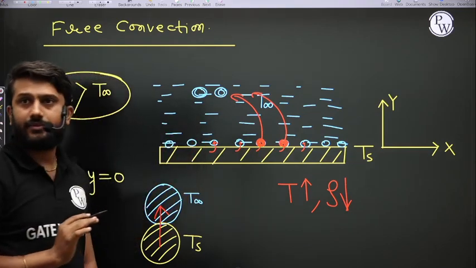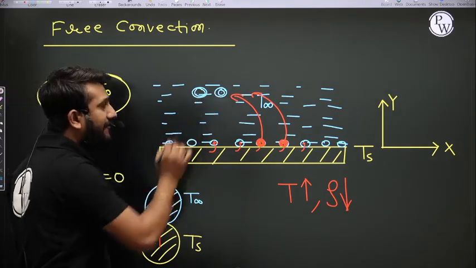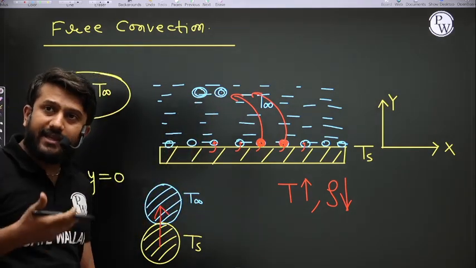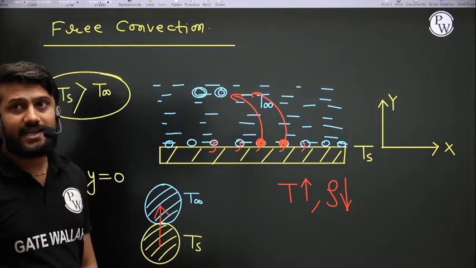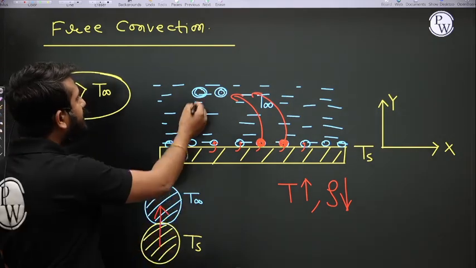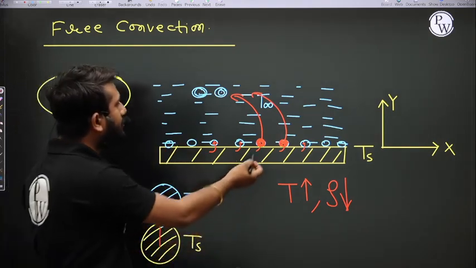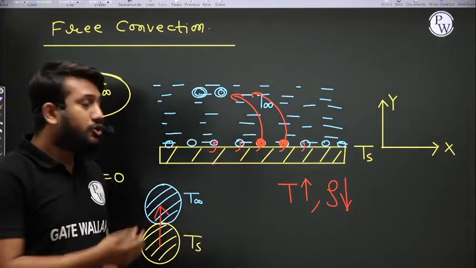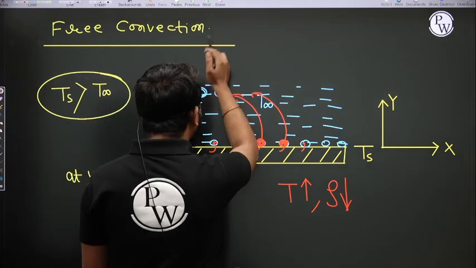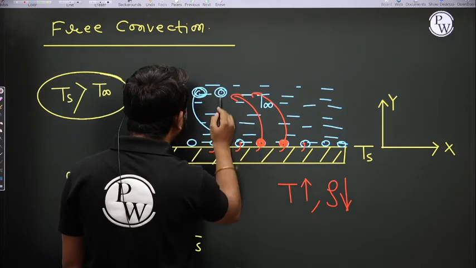If the temperature is low, that means density is high. If density is high, that means these particles are heavier as compared to these particles. So these particles are moving up and these particles are moving down.